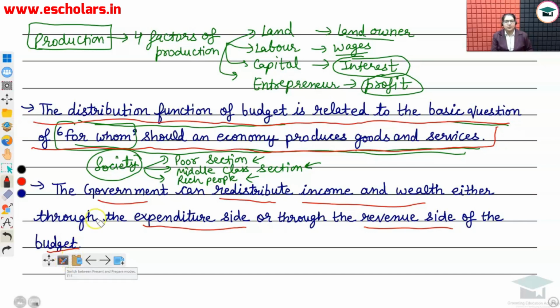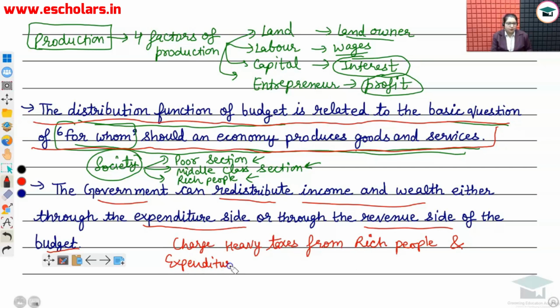See students, the government can charge heavy taxes from rich people and can do the expenditure in order to provide the benefits to the poor people through the tax proceeds which the government has collected after levying taxes on the income of the rich people.